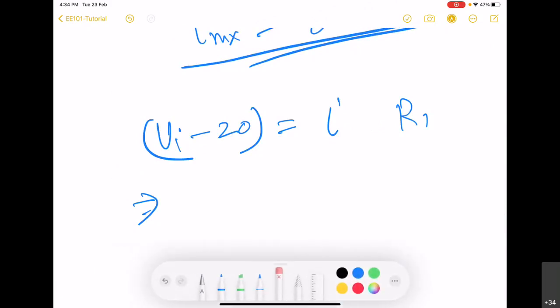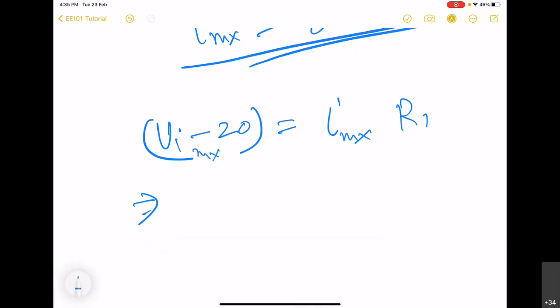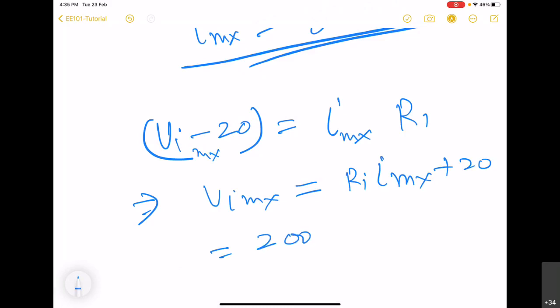So now, to find out the maximum of this, we have to find out the maximum of this current. So Vi max is equal to R1 I max plus 20. So R1 is 200.